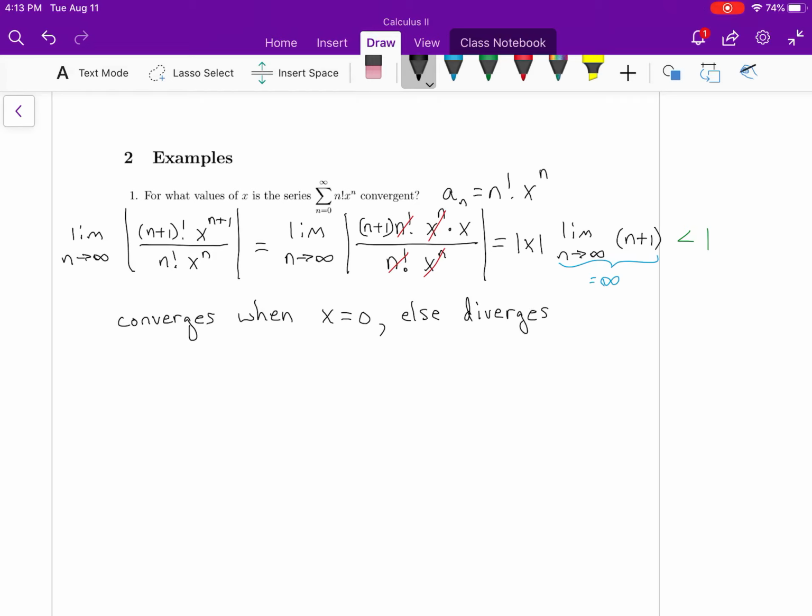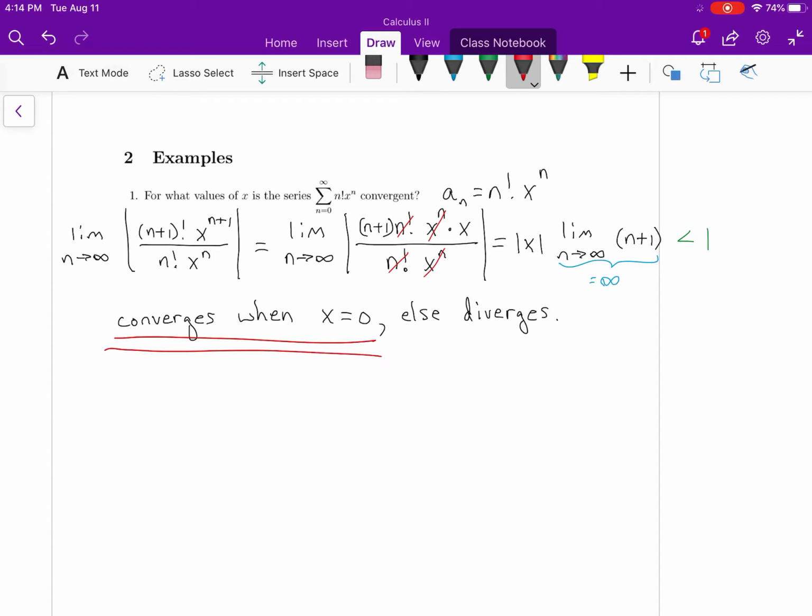Because for any other x value, it's multiplied by infinity, so it's definitely going to be larger than 1, which means it diverges. So essentially what the problem is looking for is this piece here.